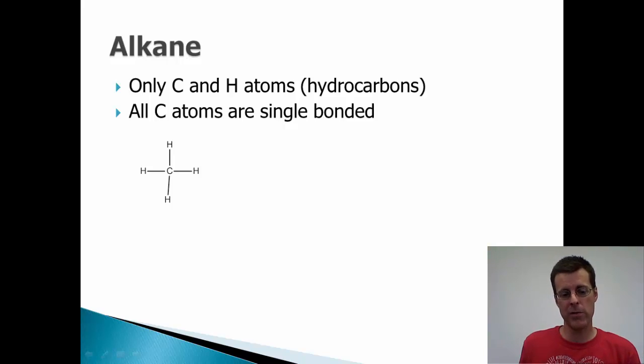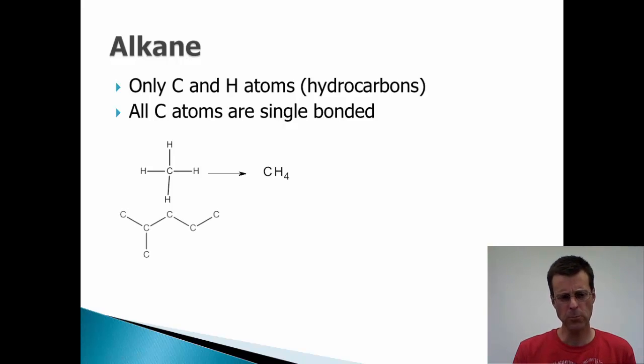Now, what you're looking at here is considered to be the expanded view. Normally what we do is we write the condensed view like this, and we don't condense it much more than that. And that'll make a little bit more sense when we move on. If you had a carbon chain that had more carbons, well, now we start to have something a little bit more obviously an alkane, where we've got a carbon-carbon single bond here.